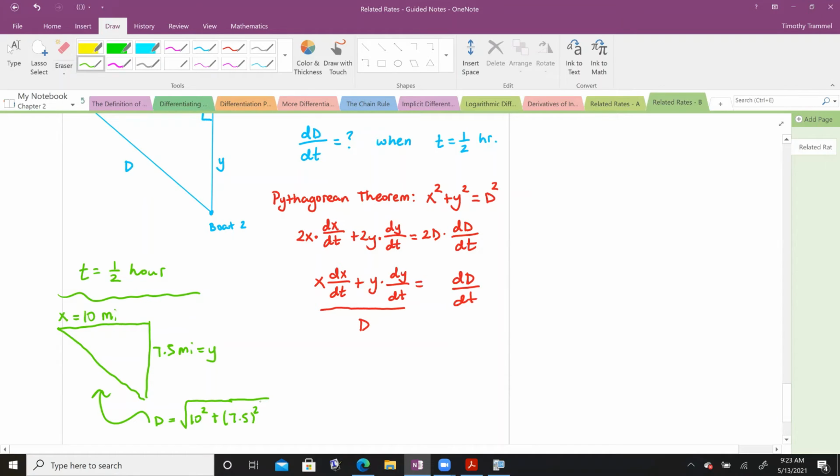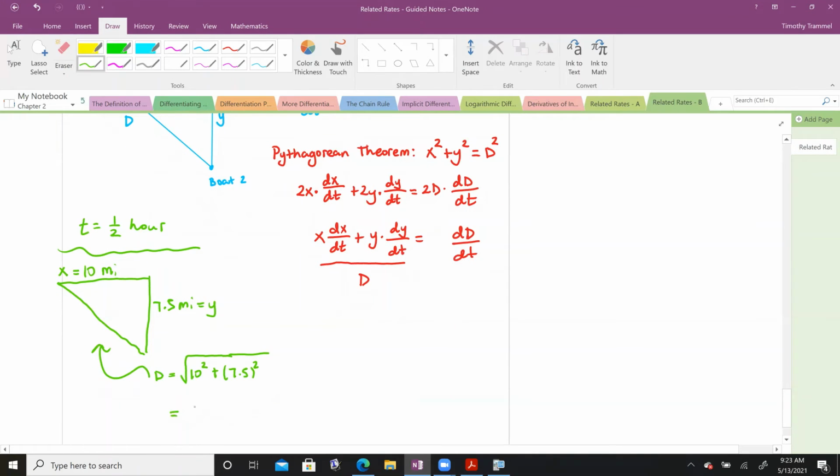And if I calculate that real quick, d is equal to the square root of 156.25. And so now we do have x, y, and d, and we can substitute all these into this equation up here, and we will be able to get our answer of how fast these two boats are traveling from each other.